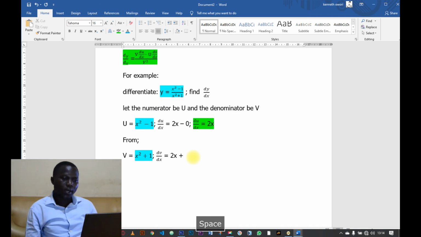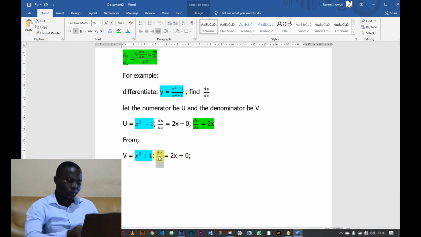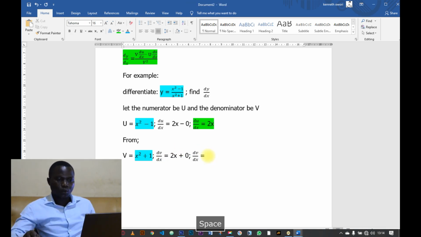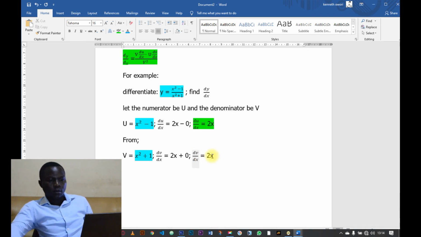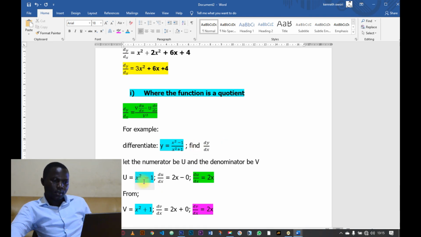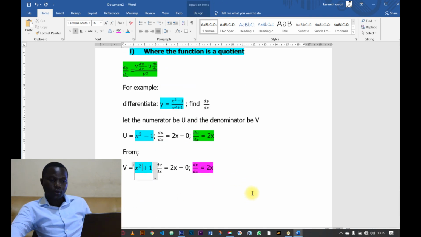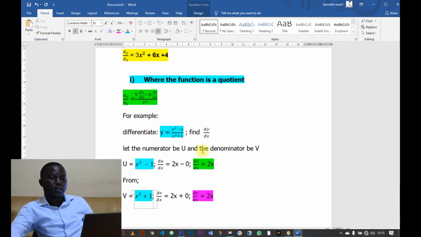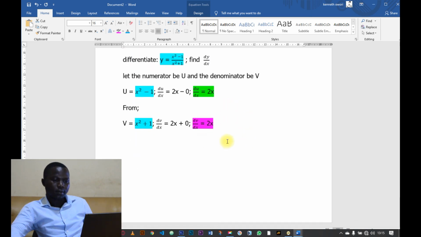Then if we differentiate 1, which is positive and a constant, we get 0. So dv/dx is equivalent to 2x. So dv/dx is 2x, du/dx is 2x, u is x squared minus 1, v is x squared plus 1. So now we can go ahead and substitute into the quotient rule.